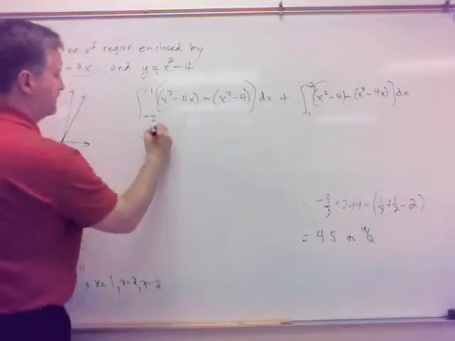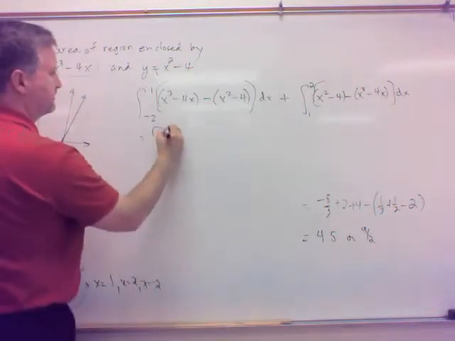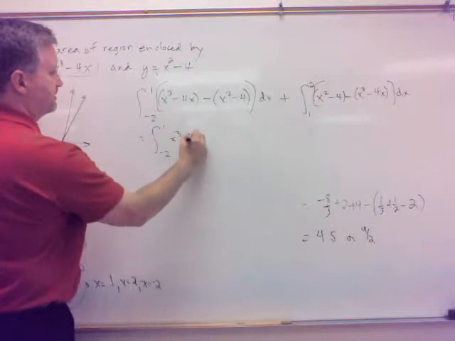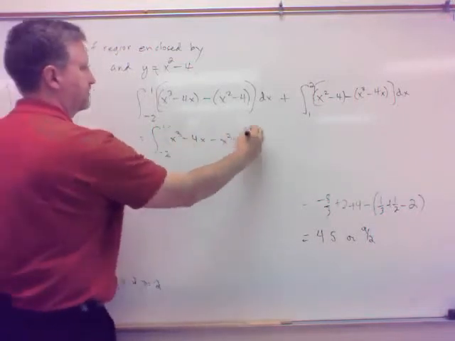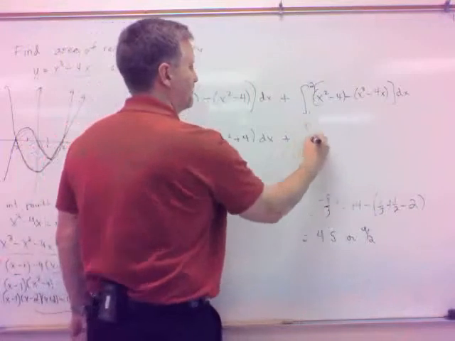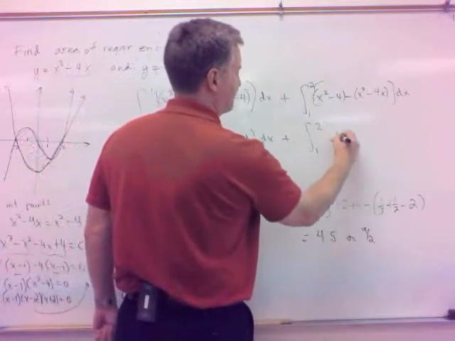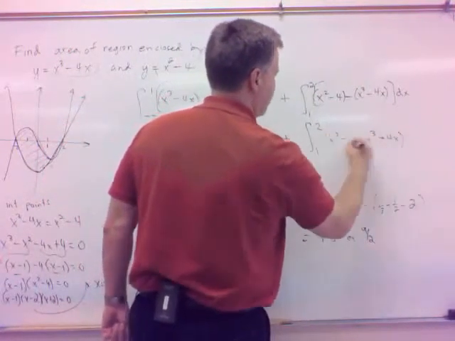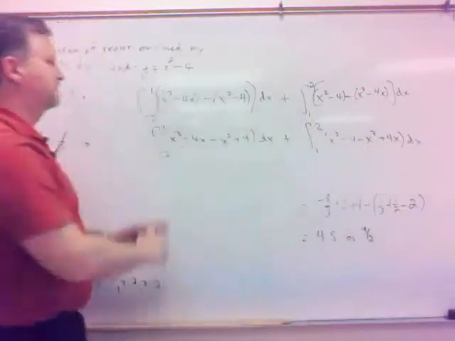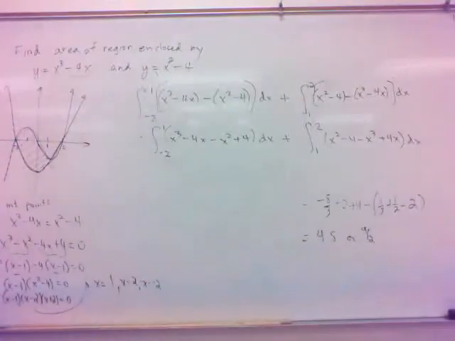Well, here's what we'll notice here. This will be x cubed minus 4x minus x squared plus 4. There's no like terms, unfortunately. This one will be 1 to 2. It'll be x squared minus 4 minus x cubed plus 4x. You notice something about those. Well, they're opposite signs all the way across there.